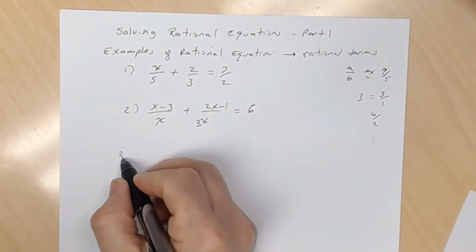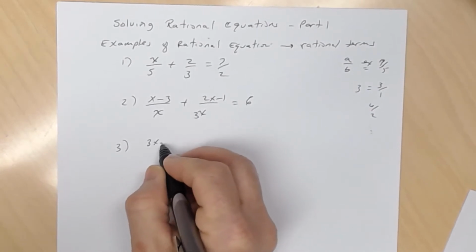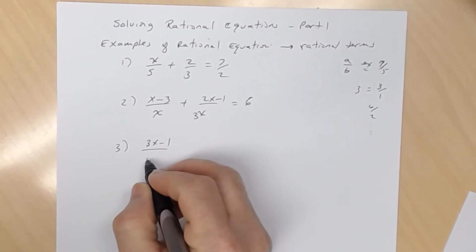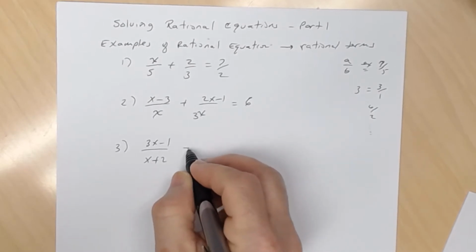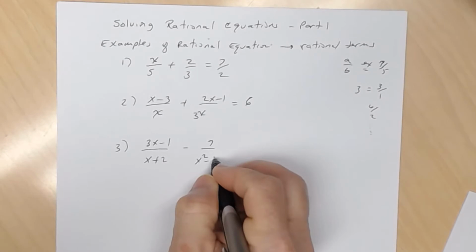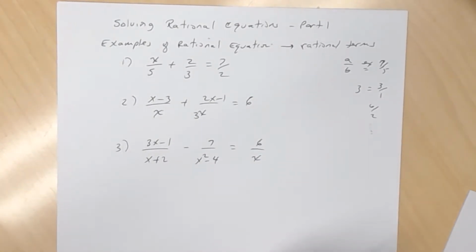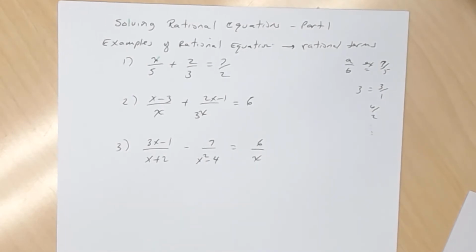You could also have an example that looks like this. Let's say we had, and again I'm making this up, (3x minus 1) divided by (x plus 2) minus 7 divided by (x squared minus 4), let's say equal 6 divided by x. All of those are rational equations.